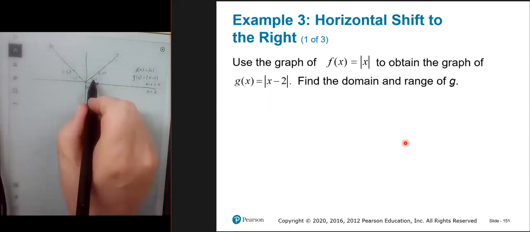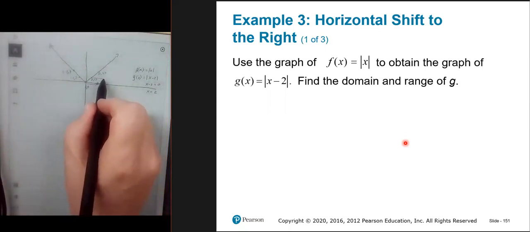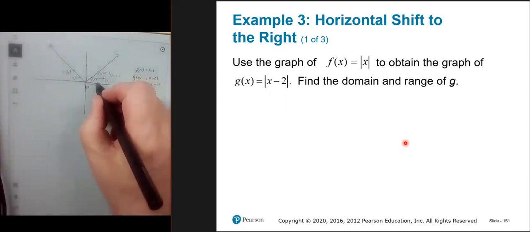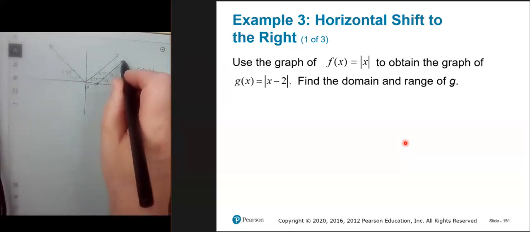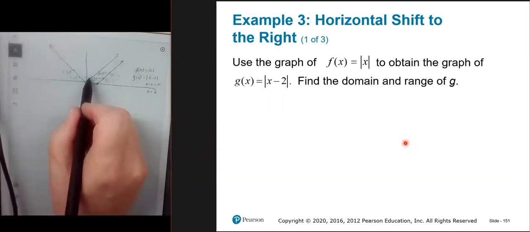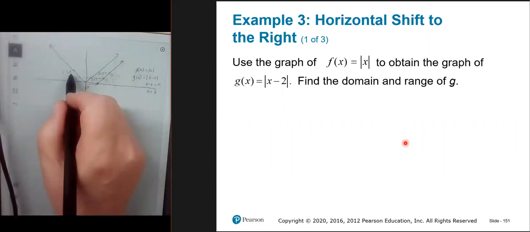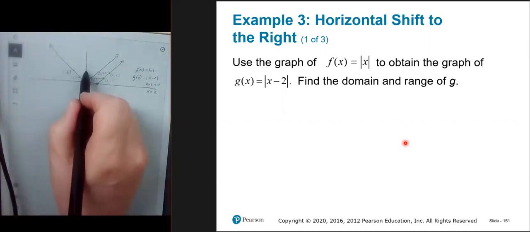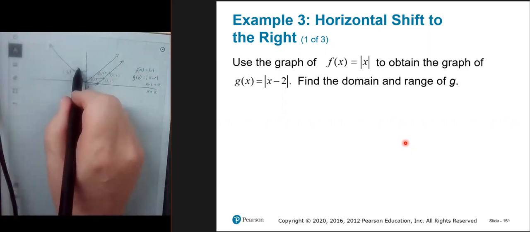So that means 1, 1 gets moved over 2 units to 3, 1. And 2, 2 gets moved over to 4, 2. So the right arm of this graph goes up like that. The left arm, well, I'm going to add 2 to a -1, which brings us to the point 1, 1. And -2, 2, adding 2 to the negative 2 gives us 0, so that moves this point over here to 0, 2.